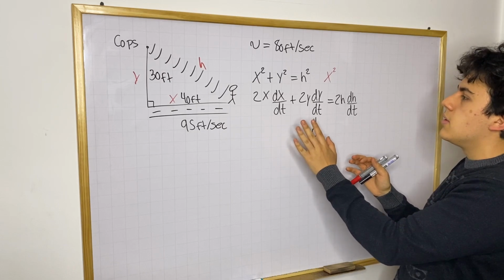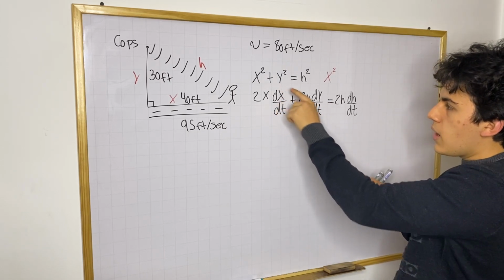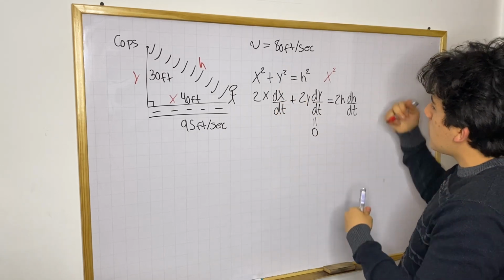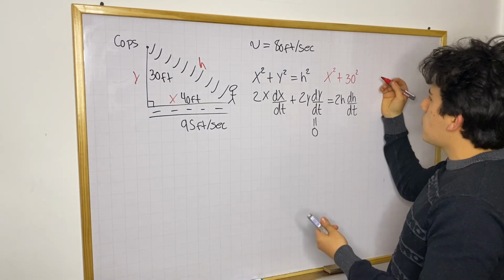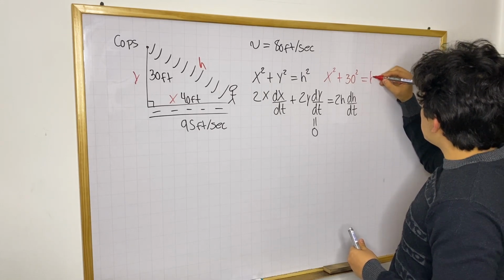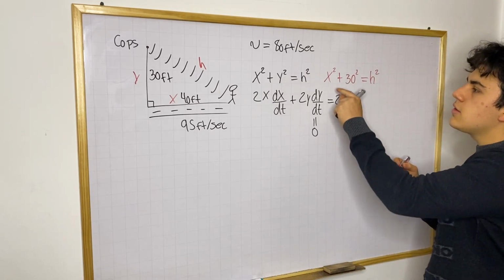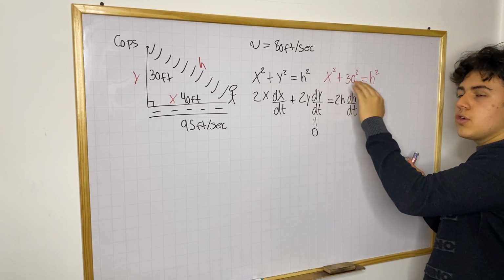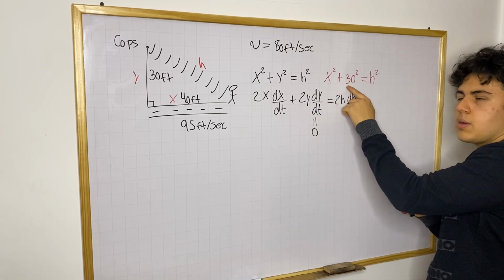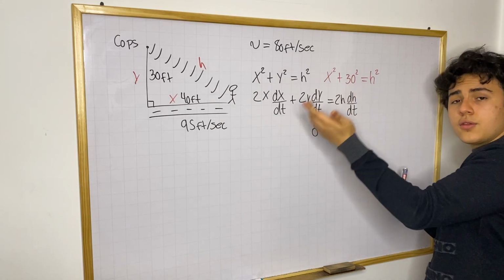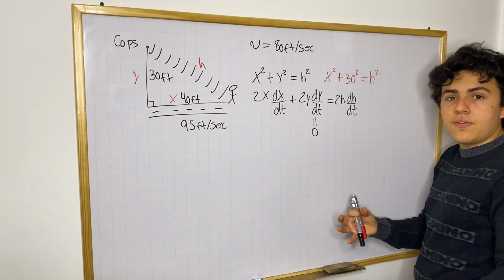So instead of writing y here, you can say there's going to be a constant that will represent y, and that is going to be 30 feet squared, and this will be equal to h squared. When you differentiate it, instead of writing 2y dy dt, you can take the derivative of 30 squared, which is a constant, so that derivative equals 0.